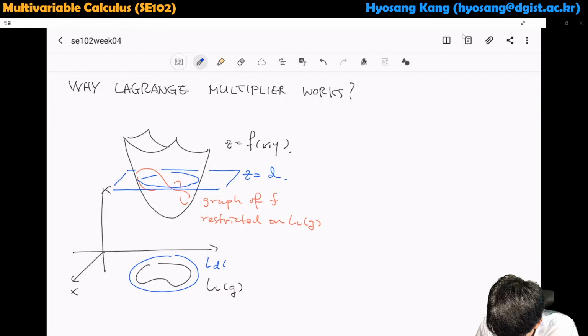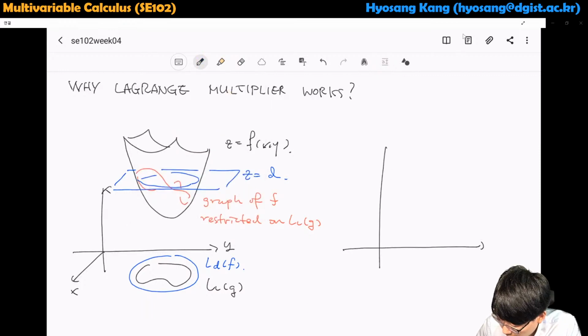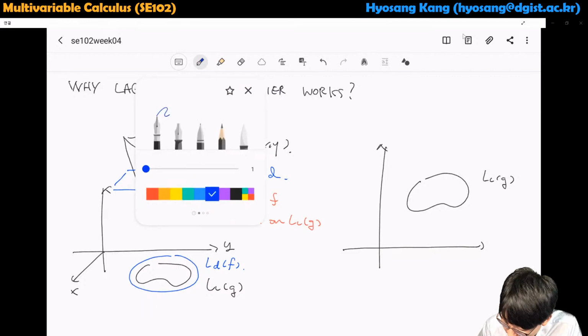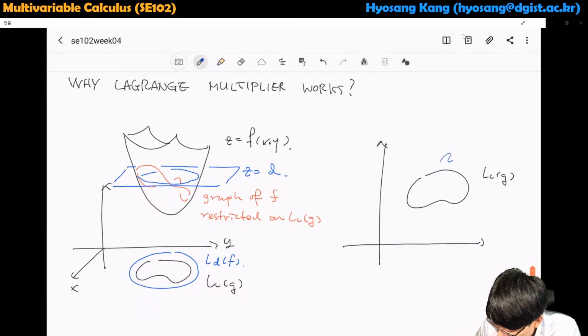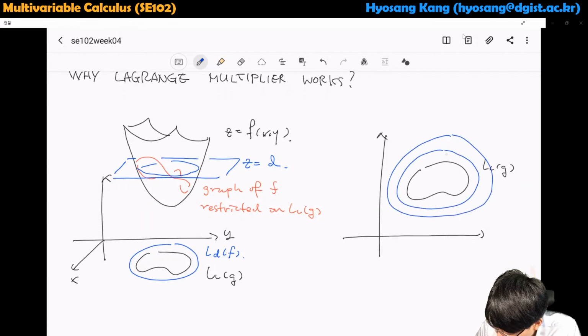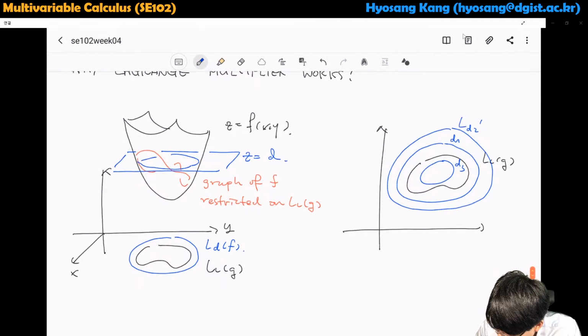That's the level set of f at d. So let's focus on the xy plane for now. We have the fixed constraint, the level set of G, and if I change my level of z and try to graph the level sets of f, I may have several contour lines. So when I have d1, d2, and d3 here, that's the level set of f.